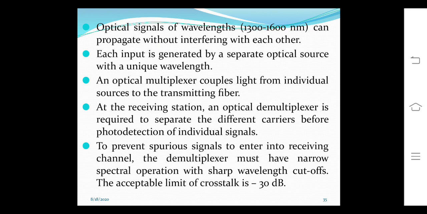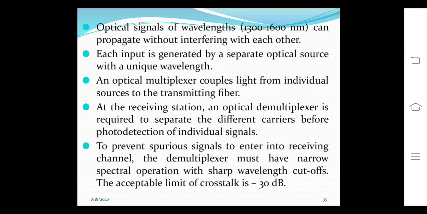Optical signals of different wavelengths can propagate without interfering with each other. Each input is generated by a separate optical source with a unique wavelength, and the optical multiplexer couples the light from individual sources to the transmitting fiber.